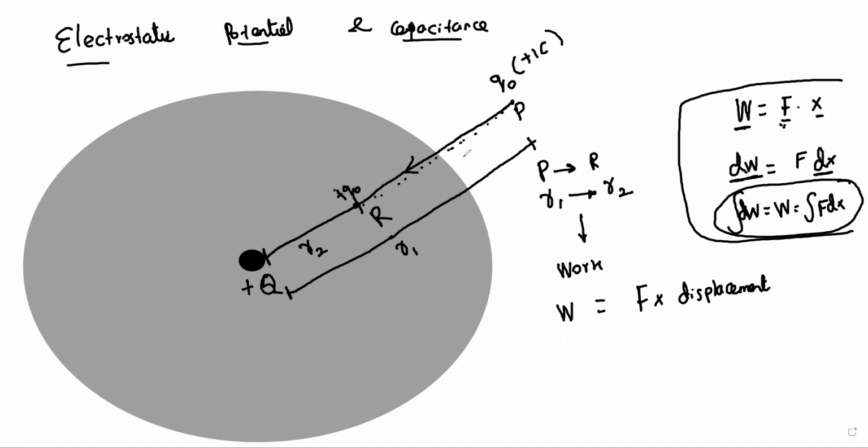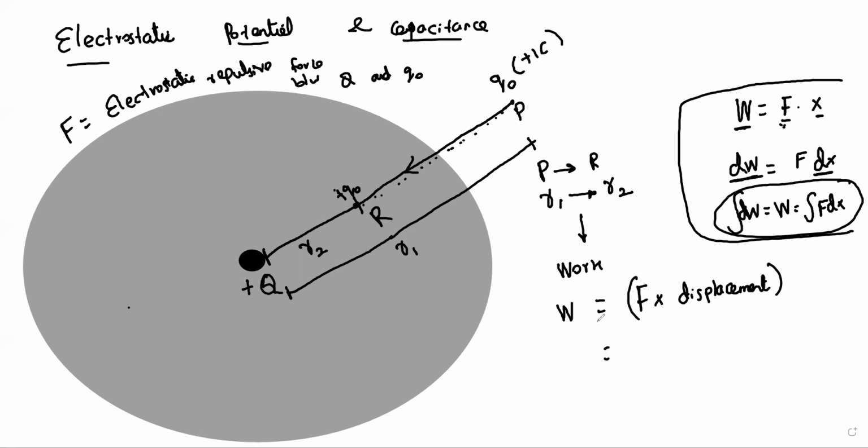So whatever work I am doing is against this electric field. If F is the electrostatic repulsive force between Q and Q0, then I have to do the work against this F.